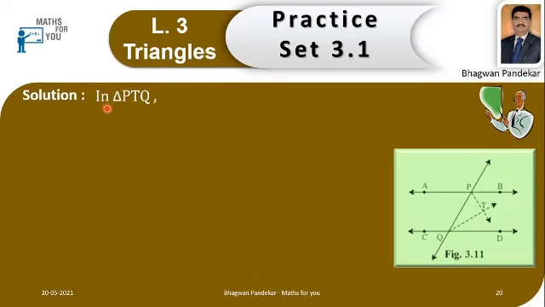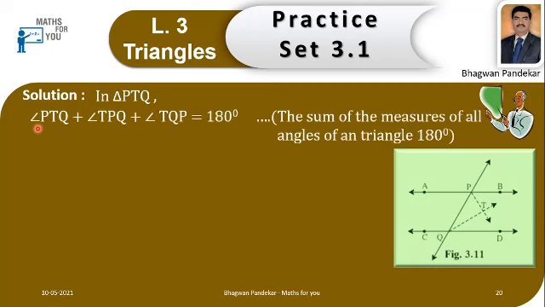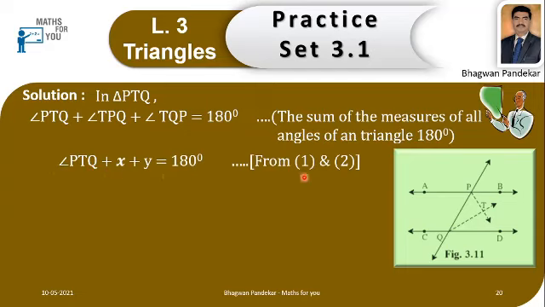In triangle PTQ, angle PTQ plus angle TPQ plus angle TQP is equal to 180 degree. So, reason is the sum of the measures of all angles of a triangle is 180 degree. Therefore, angle PTQ plus x plus y is equal to 180 degree from equation first and second.